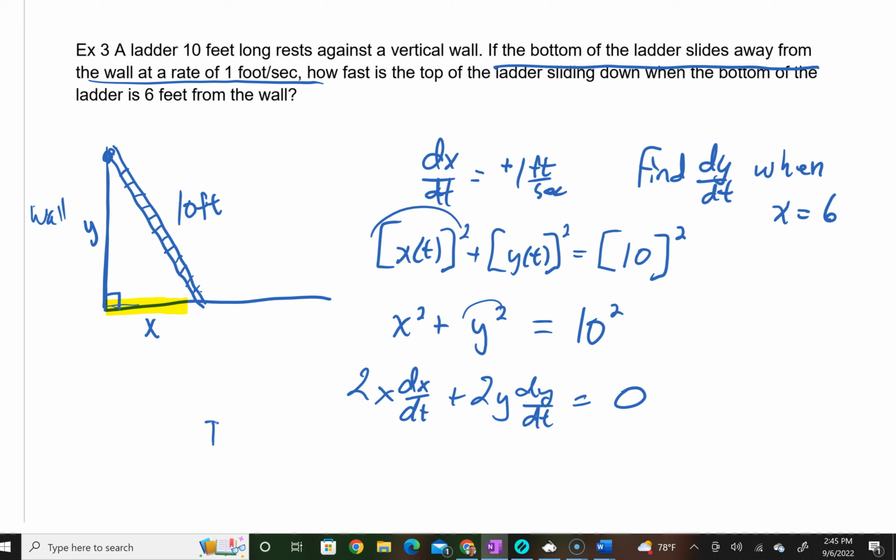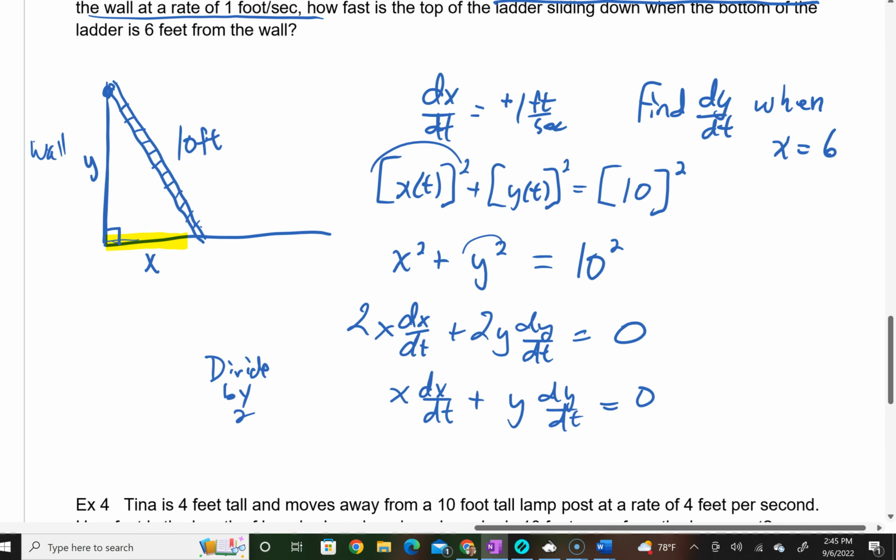And again, just like we did before, you can divide by 2. Now, if you divide by 2, I think you guys can see pretty quickly, you're going to be left with this. So, we're getting there. We know dx/dt is a positive 1.